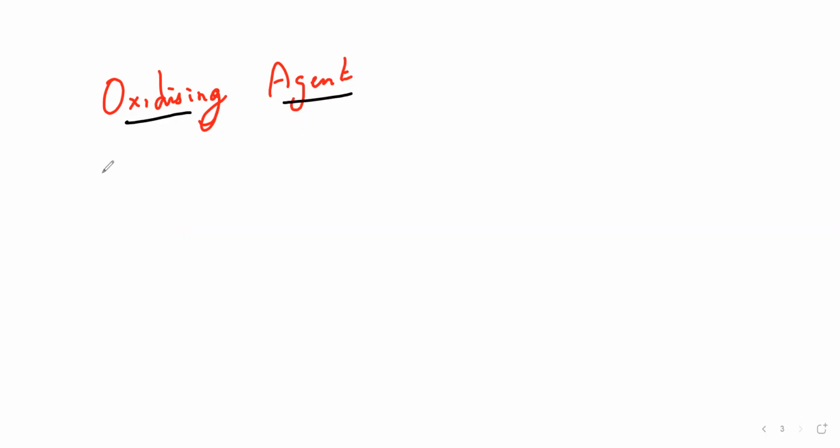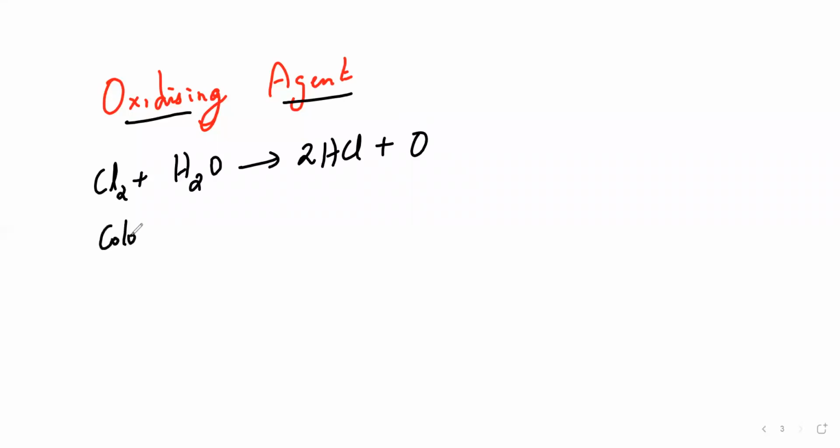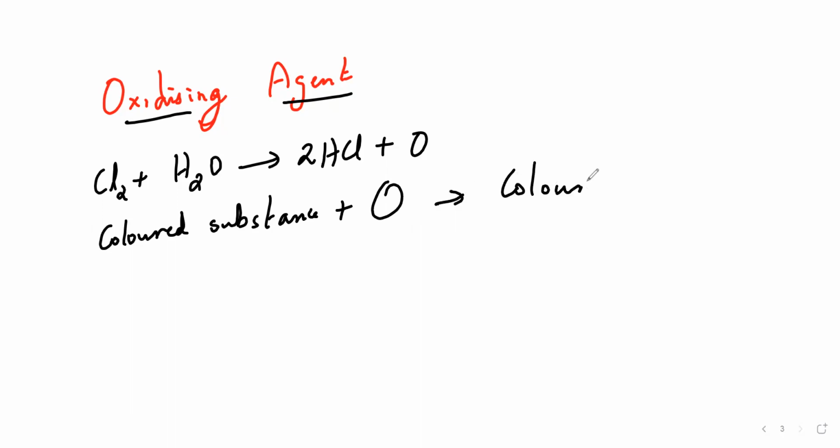Chlorine with water will give me 2HCl plus O. So if I put any colored substance with this oxygen, I'll get a colorless substance. This is the key takeaway from this.